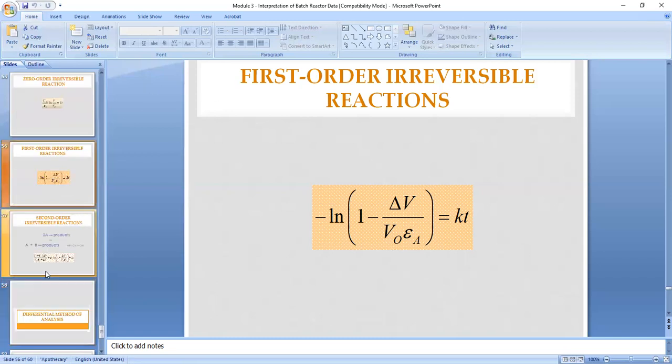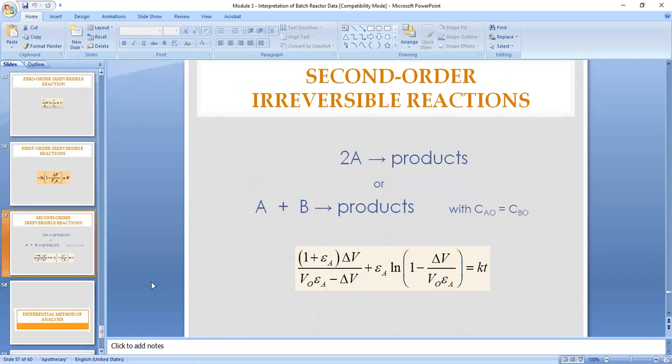Okay? And we have one for the second order system, but we have limited it only to elementary second order irreversible reactions. So it could either be a single species, so this is still second order, or you can have two species with the special condition that the initial concentrations of the species are equal.